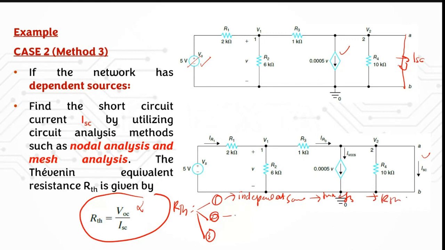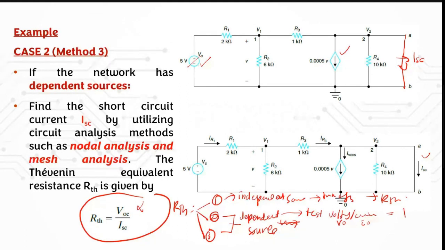Okay, for the second and third methods, where you have dependent sources in your circuit: by using method 2, you can use the test voltage or current, where you put this as your V naught or I naught, which is going to be equal to 1.